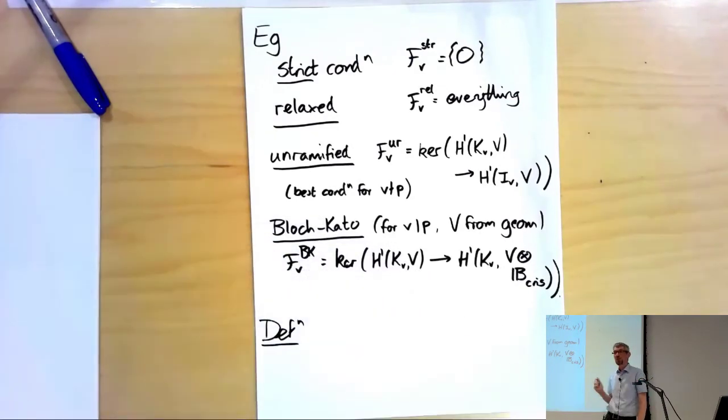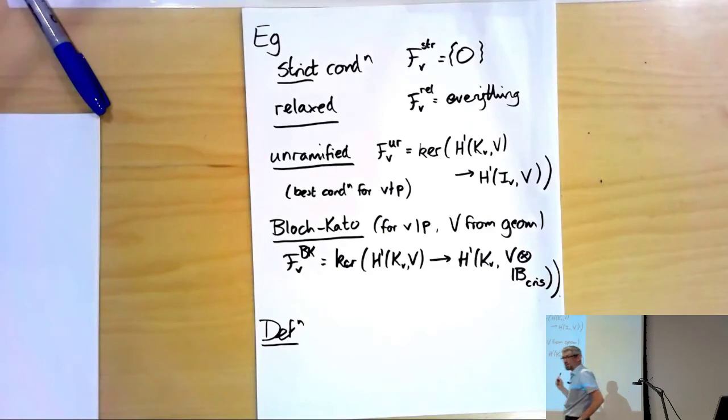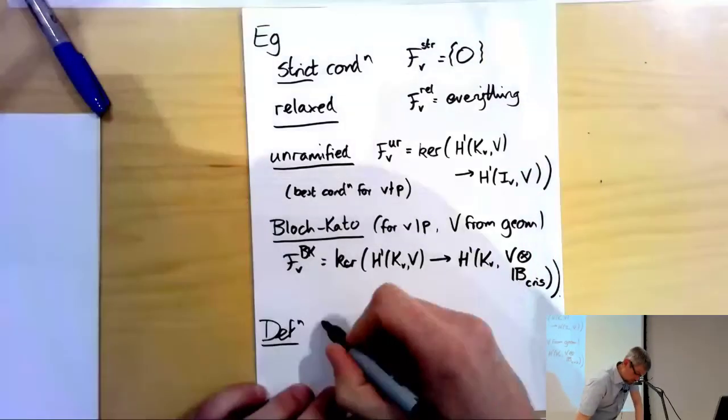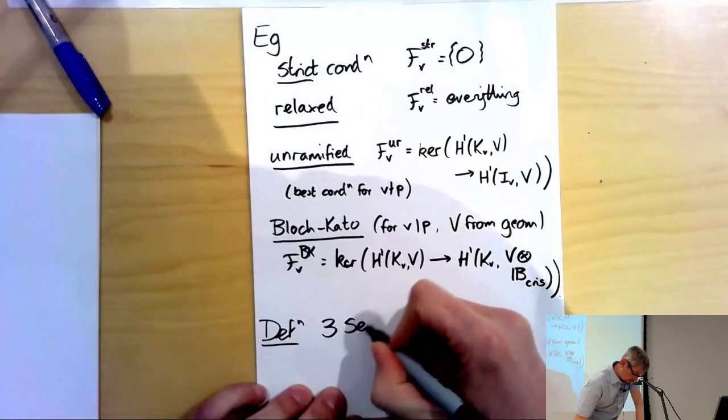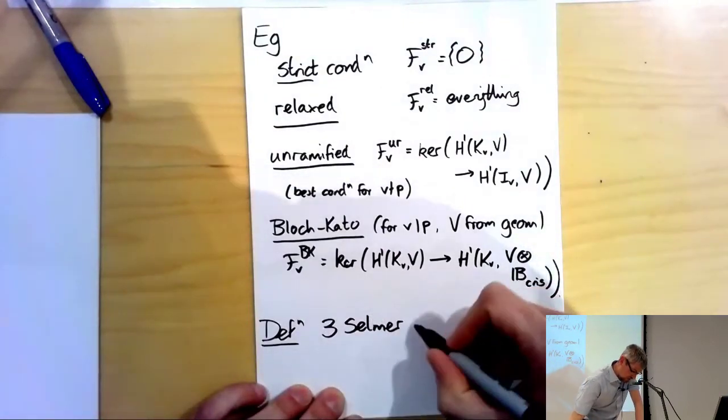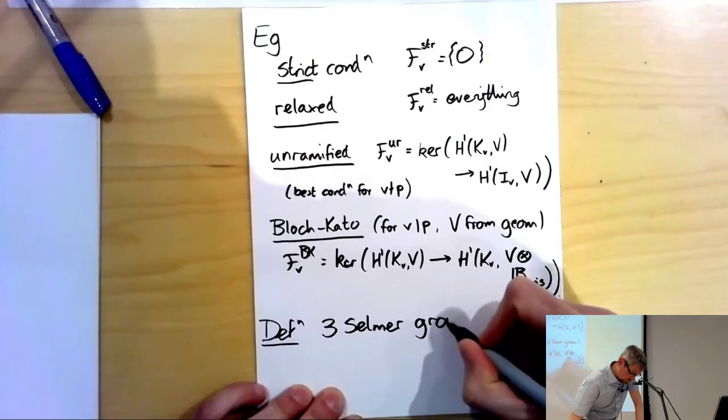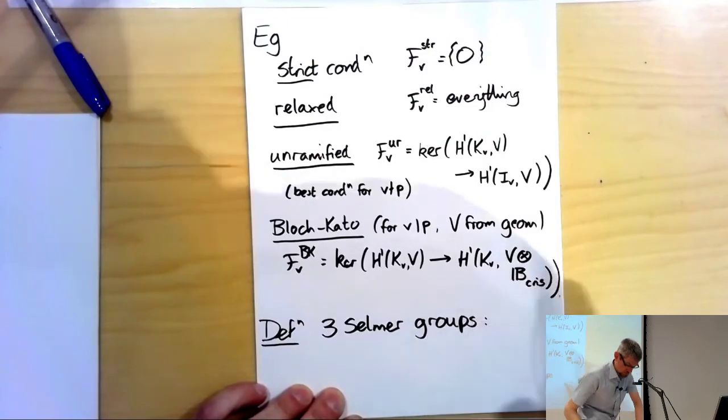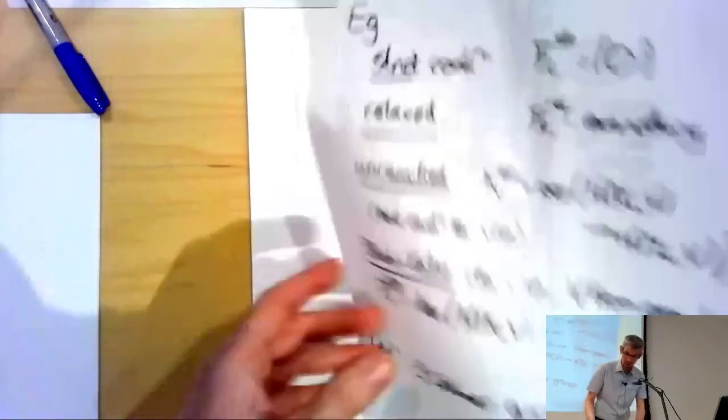So I'm now going to define three subspaces of the global cohomology of V. And these are called the Selmer groups. Perhaps I'd better do this on a new page.